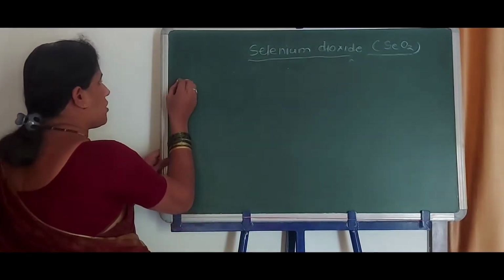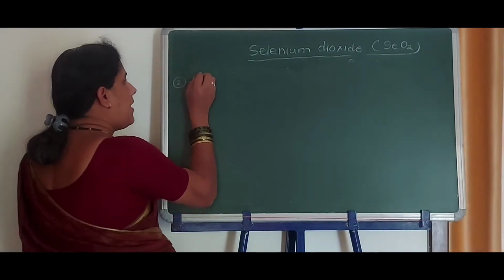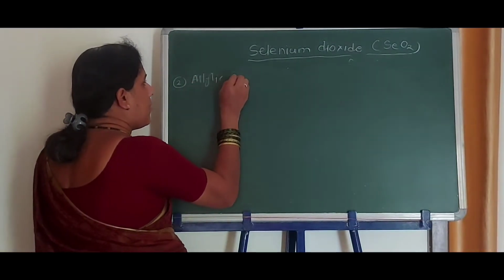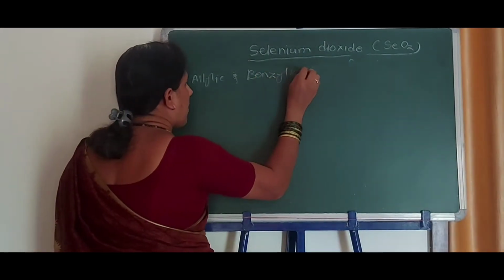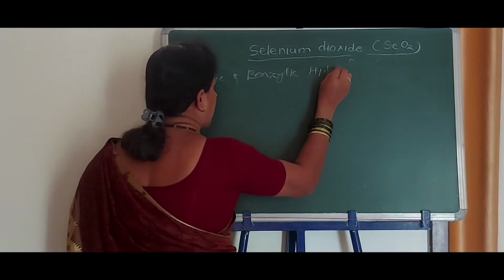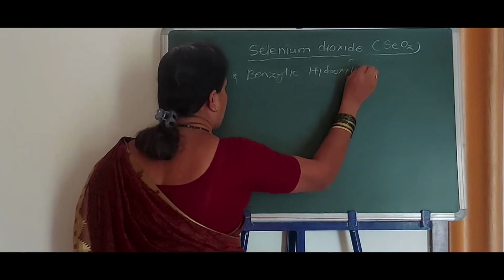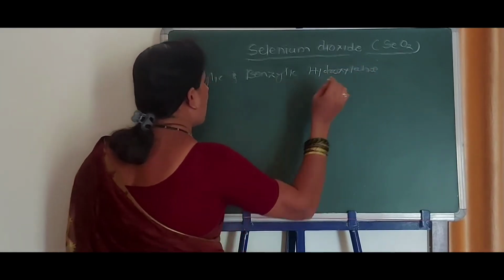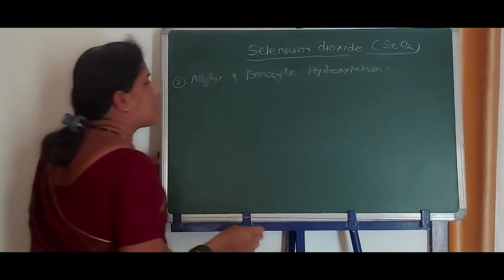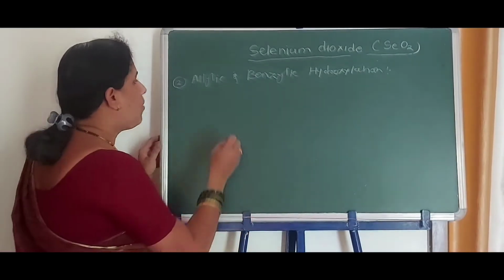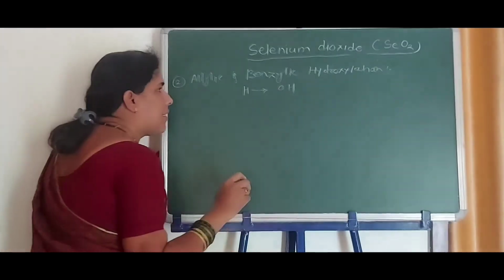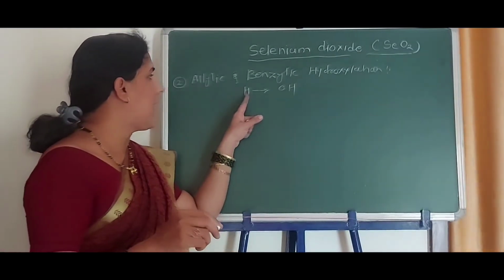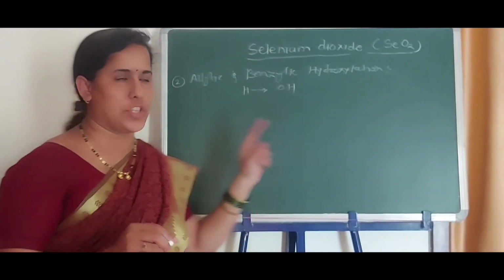Now the second application is allylic and benzylic hydroxylation. We have already discussed what the allylic position is. The rule is that an H present in this allylic position is converted into an OH.